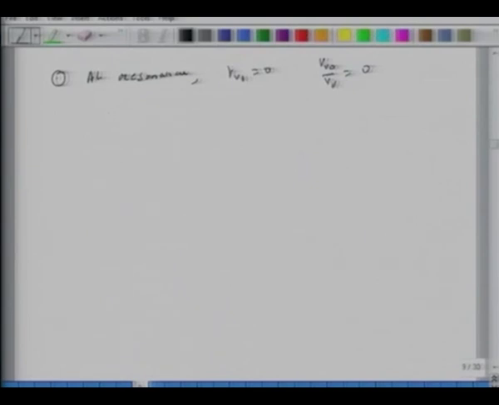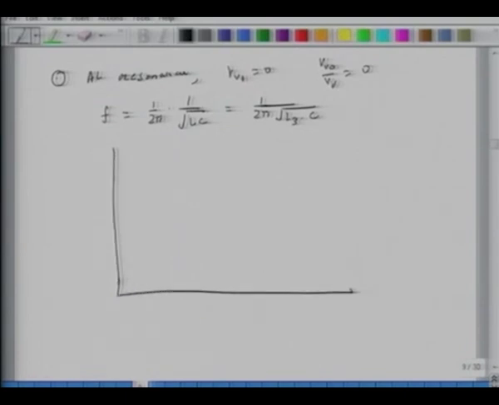And the value of this resonance frequency will be 1 over 2 pi times the square root of 1 over L3 C. That is 1 over 2 pi square root of L3 times C. So at a very coarse level, I plot this transfer function's magnitude.